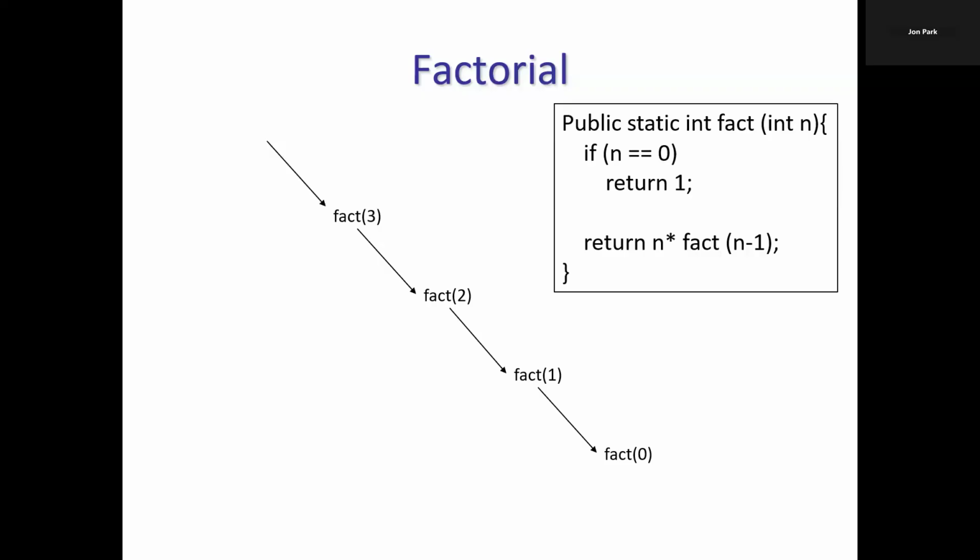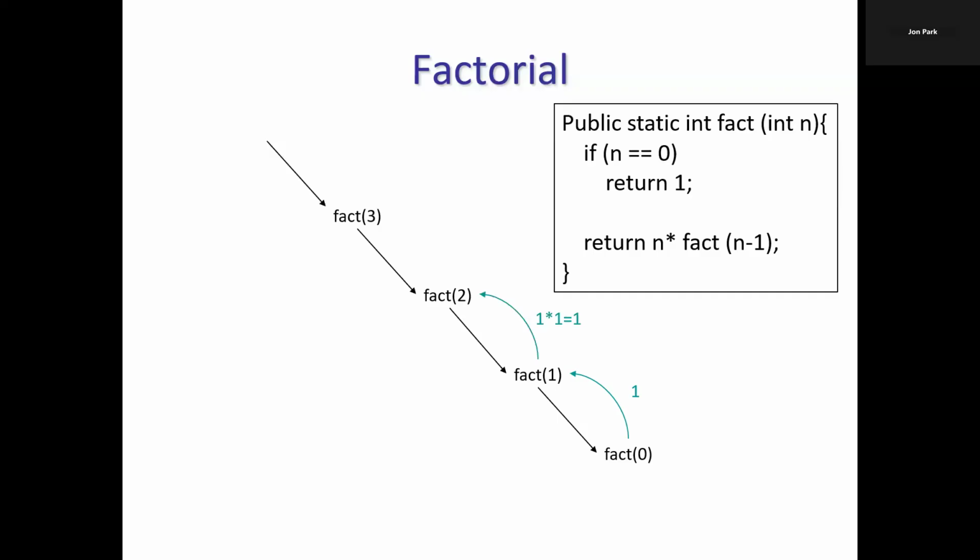I can just return 1 right away. So this thing will return 1. Okay. Now think about what happened here. Fact 1. We're waiting at this line. We knew n is 1. We're waiting for this value, which now we know is 1. So you multiply that to 1 and return that value.